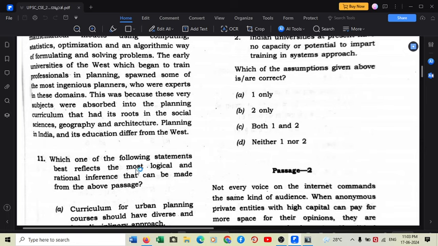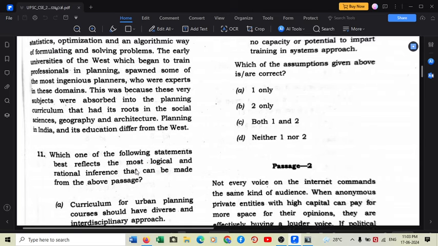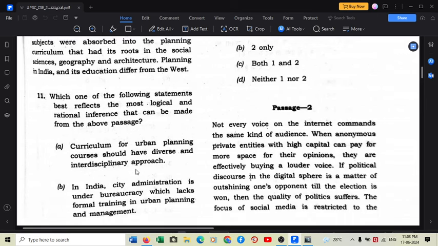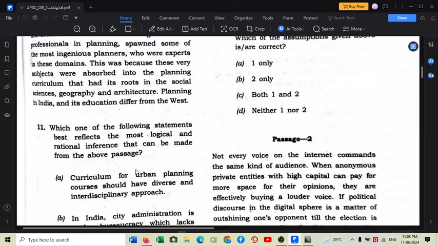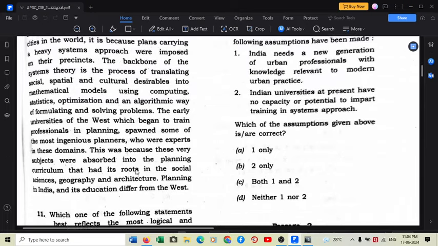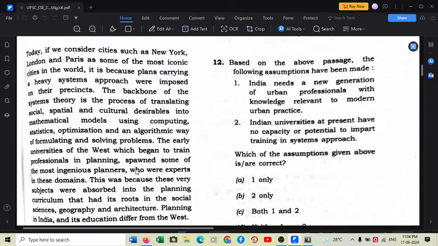So let us see the question, the most logical and rational inference we are talking about, right? So let's see. Curriculum for urban planning courses should have a diverse and interdisciplinary approach, right? So definitely this looks okay as per the passage. Everywhere in the passage you see the backbone of systems theory, which is line number 5.